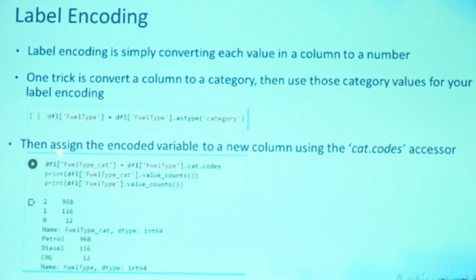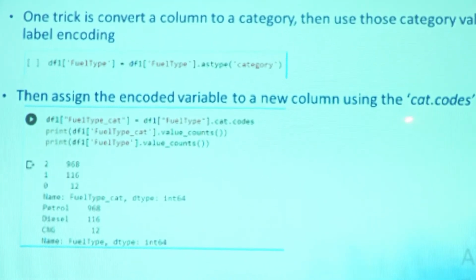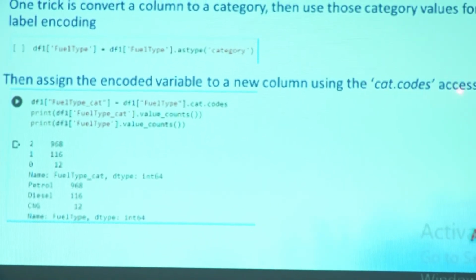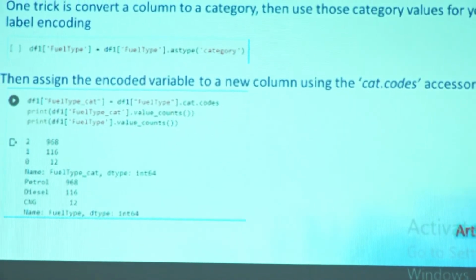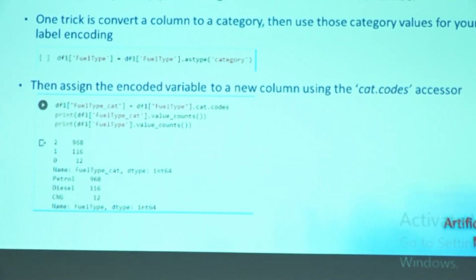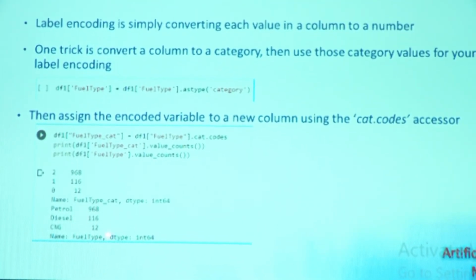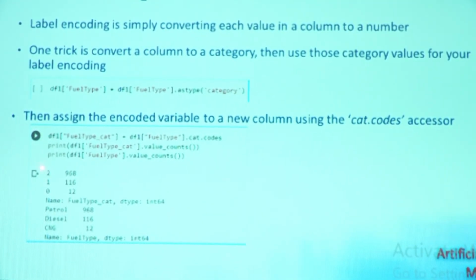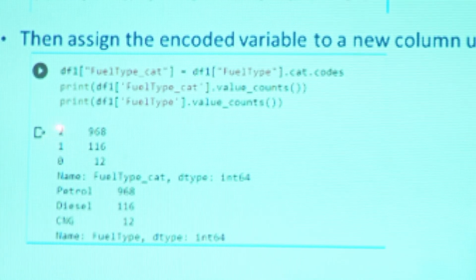Then you can convert it into label encoded data by using an accessor called cat.codes. Automatically all the categories will be taken up. Here we have 3 categories, so it will be labeling them as 2, 1 and 0 in decreasing order. Okay, so you can see what is 2 now, guys.